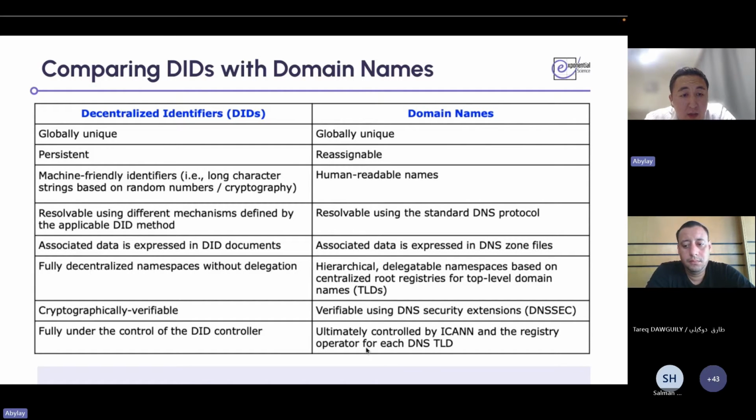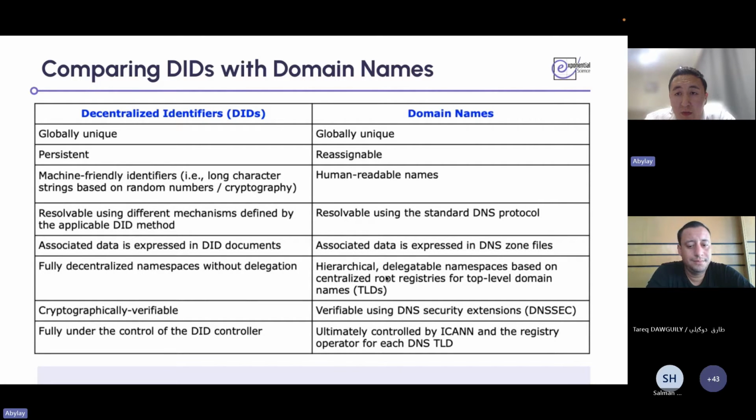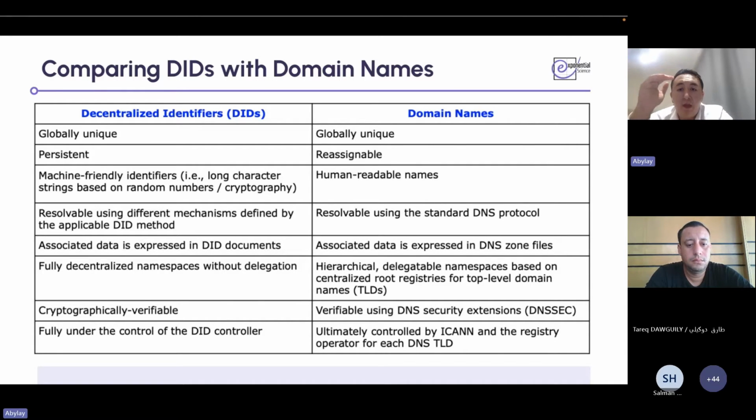What else here? One important difference is that decentralized identifiers are fully decentralized namespaces without delegation. In the case of domain names, they are hierarchical, delegatable namespaces based on centralized root registries. So here we have centralized root registries at the top level.